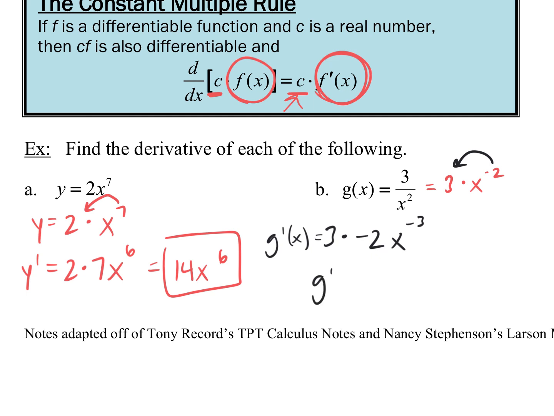So my derivative is negative 6 x to the negative 3rd, or on your circuit you would see probably negative 6 divided by x to the 3rd power. They mean the same thing, okay? This answer is appropriate on your AP or test in my class. This answer is what you would see on your circuit worksheet today, okay?